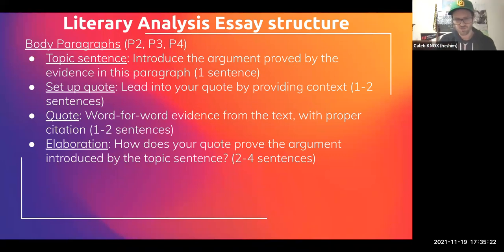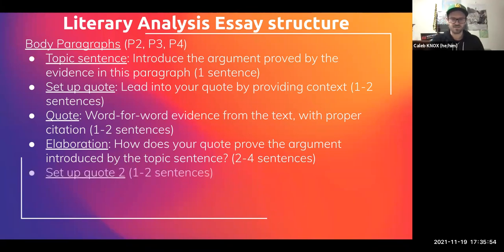Frequently, when people want to rewrite essays, I'm looking at their essay with them, and as we're looking at it, I will read out loud the quote to them. And then I will ask, how does this quote prove the argument in this topic sentence? And then students look at me and they say, oh, I guess it doesn't. Right, that's the problem, okay? Your quote needs to back it up. And then your elaboration explains how the quote backs it up, okay?